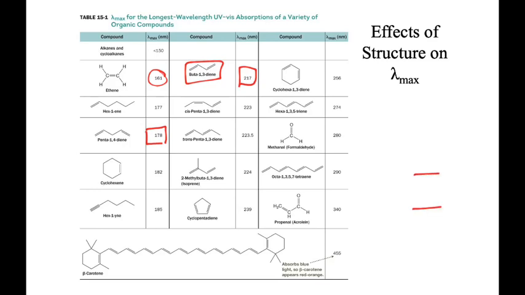So let's look at a simple case. Let's just look at the butadiene structure. It had 4 electrons. What happens when I absorb UV light? I eject an electron and it jumps up in energy, right? By jumping up in energy, what has now happened to that pi bond?